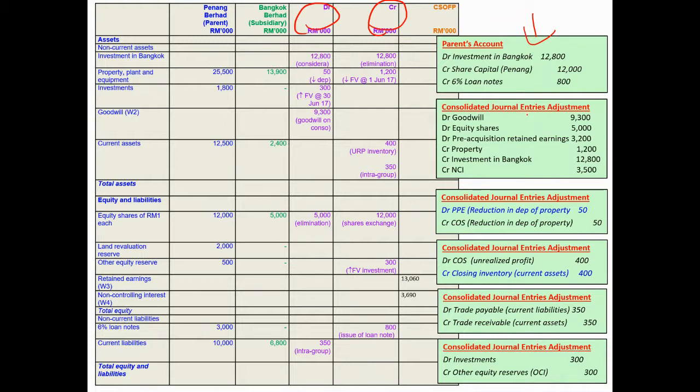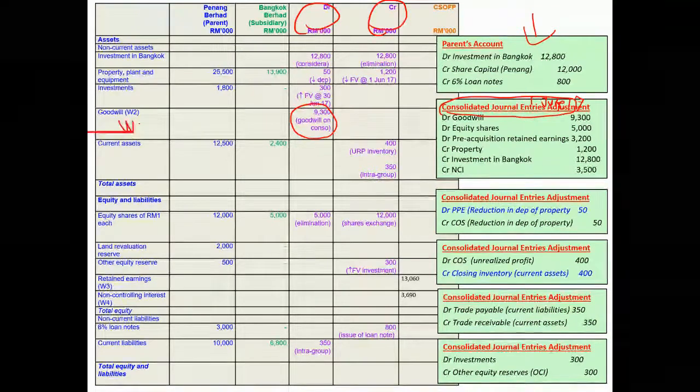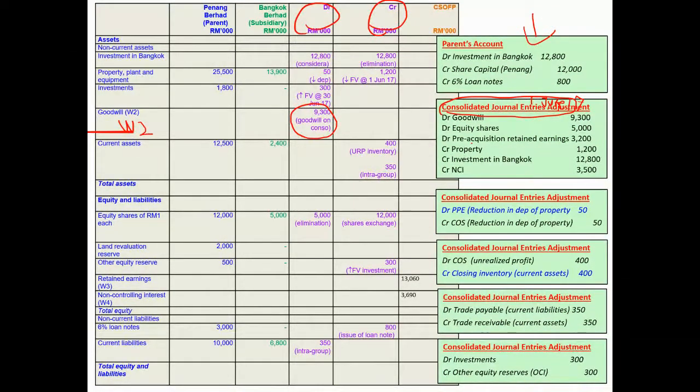Okay, so let's take this journal entry, which is relating to your goodwill on 1st June 17. So you can see here I debit goodwill 9.3 million. So here my goodwill, you can see I put debit 9.3 million, and take note that always write working number 2 because for your goodwill you have a lot of calculation on how to calculate your goodwill.